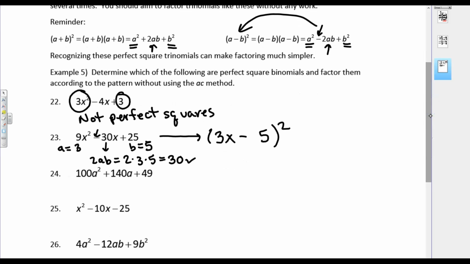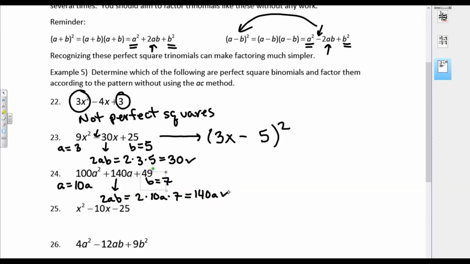Real quick, I wanted to determine if my a and b are perfect squares, which they are. So a here would be 10a, and my b would be 7. And my question now, is this the equivalent of 2ab? Well, that would be 2 times 10a times 7, which when I multiply that out is 140a.